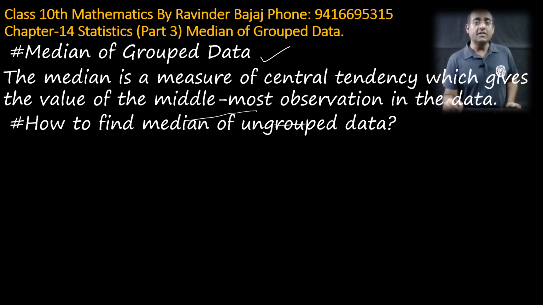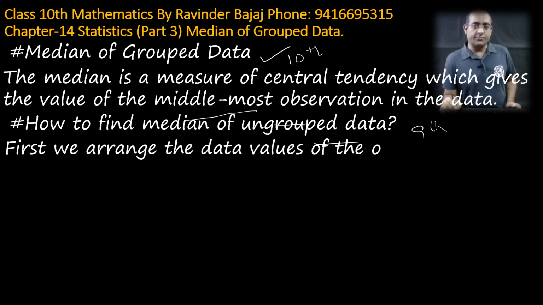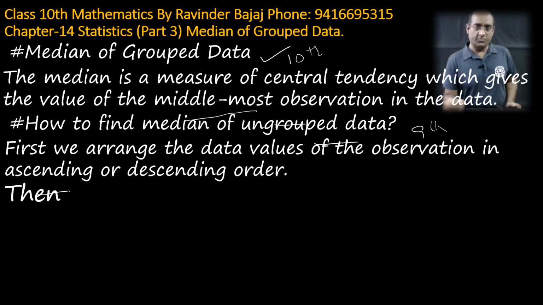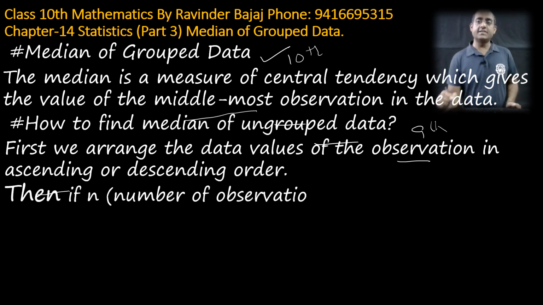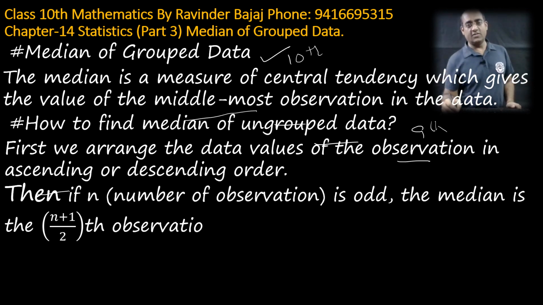How to find the median of ungrouped data? Now this you have done already in 9th class, and this one you will do in 10th class. First we arrange the given values in ascending order. Whatever the observations, whatever the data given to you, we will arrange in ascending order.